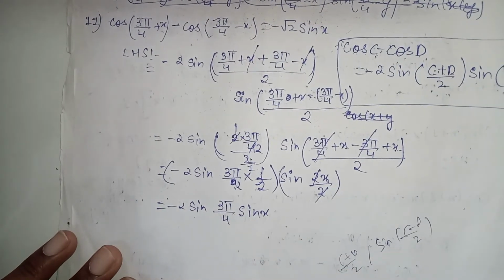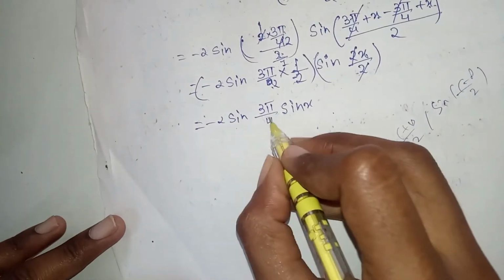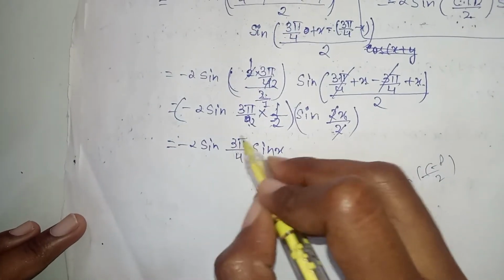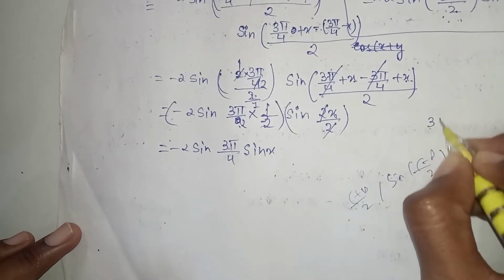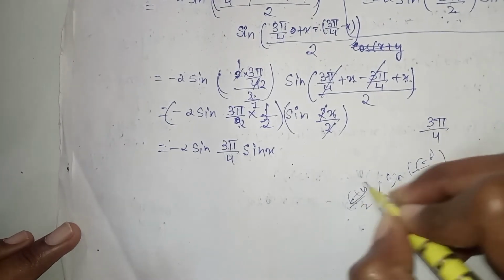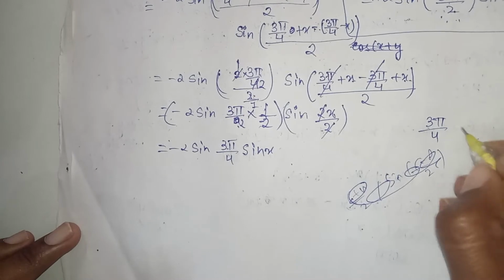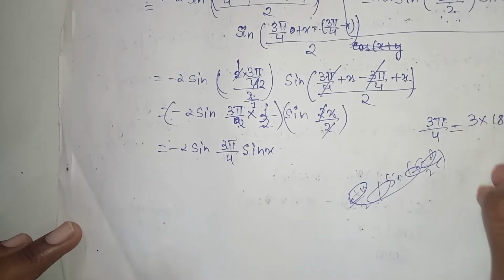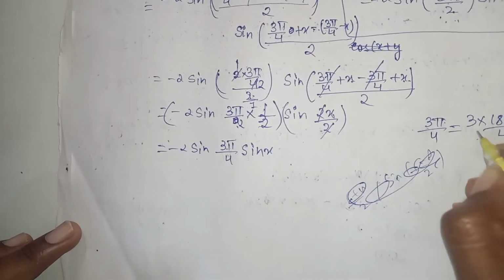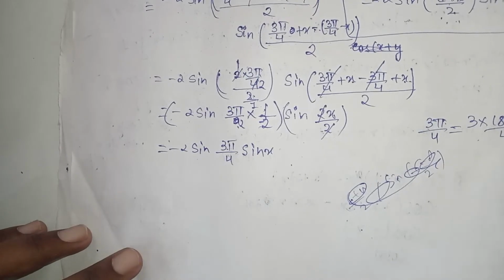So first, we have to solve the 3π/4 which is there. Pi means 180, divided by 4.